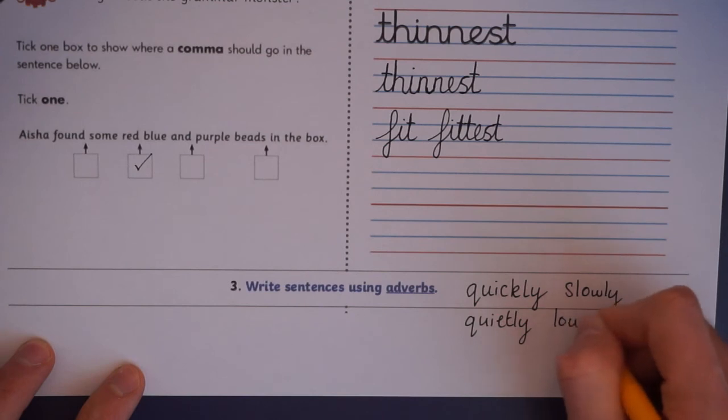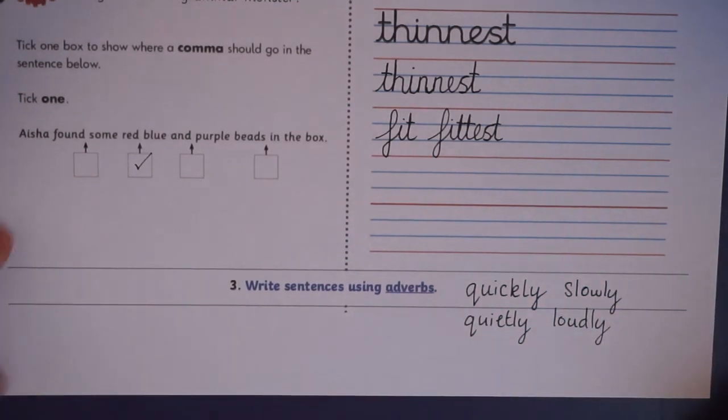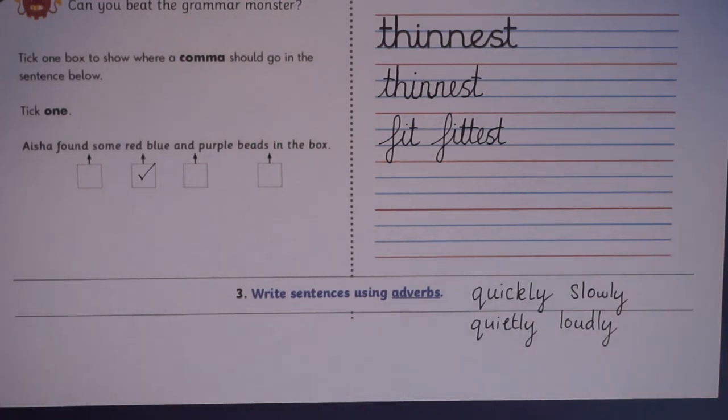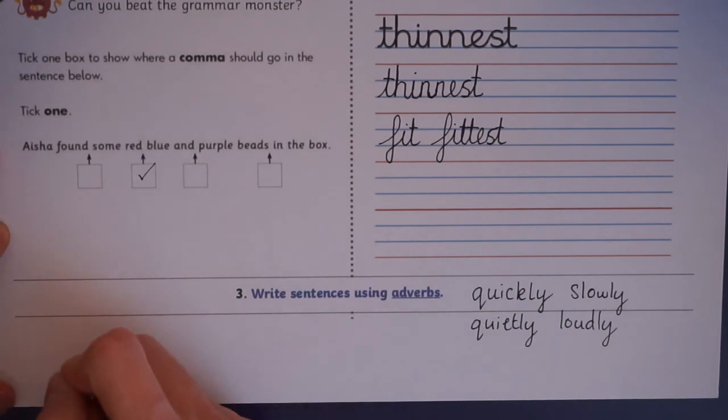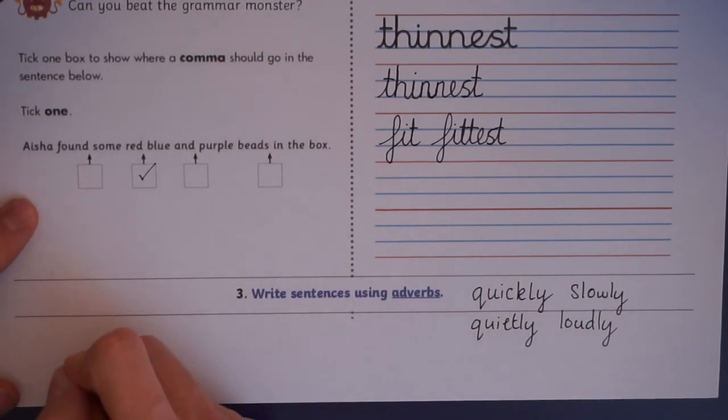So there's an idea of some adverbs you could have used, but of course there's lots. And I'm going to write my sentence just down here. Obviously, if you have a bigger piece of paper, you could write down some more sentences. But the sentence that I'm going to write is one that actually has come from one of the books that we've read previously in Mango class.